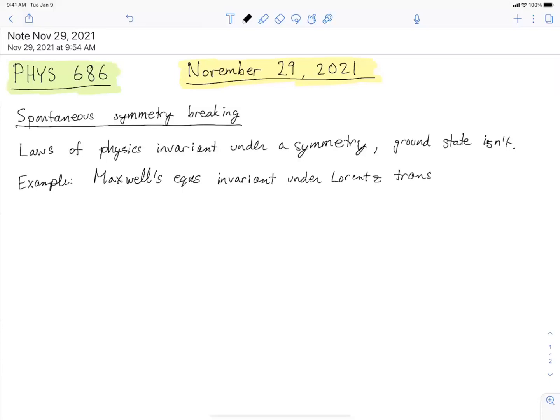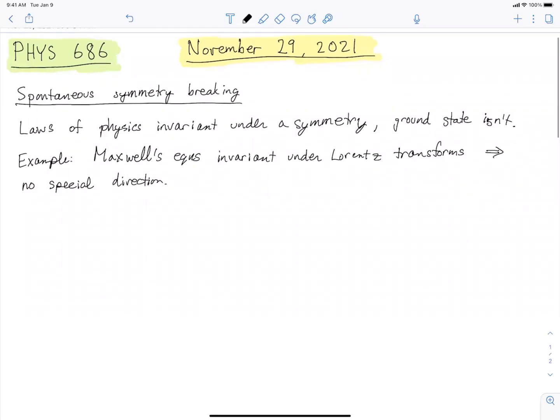And so one consequence of that is that there is no special direction. And yet it might be true that we live in a state that does have a special direction.